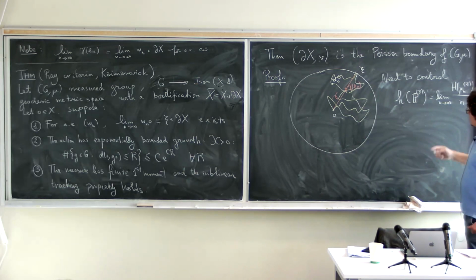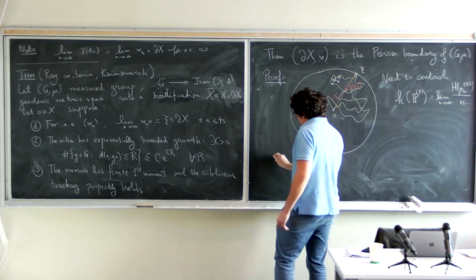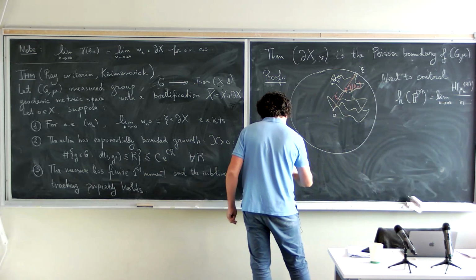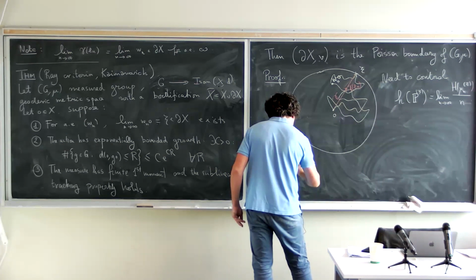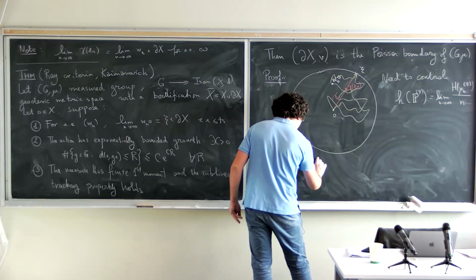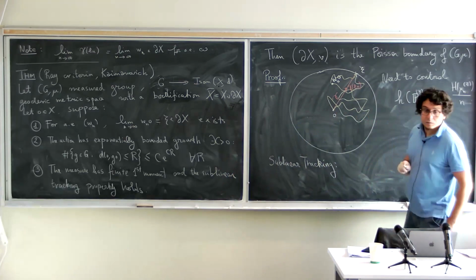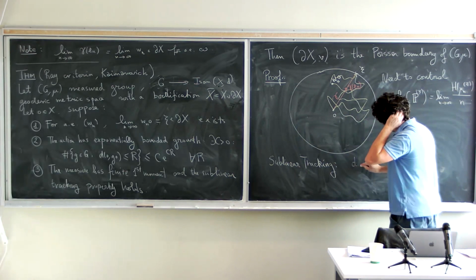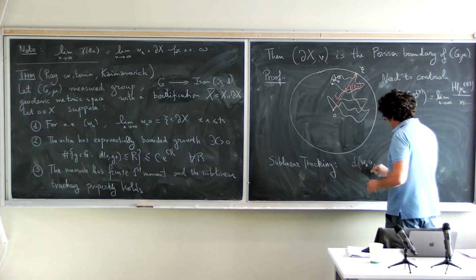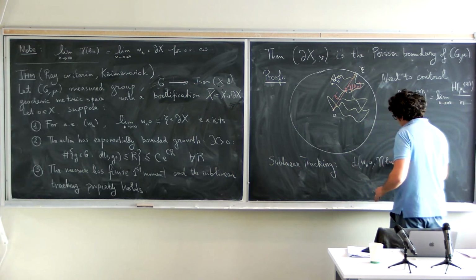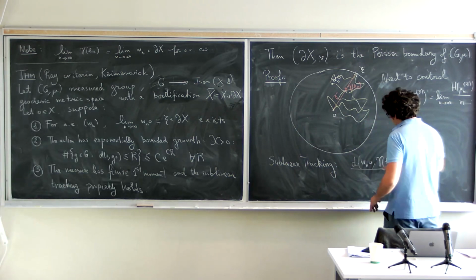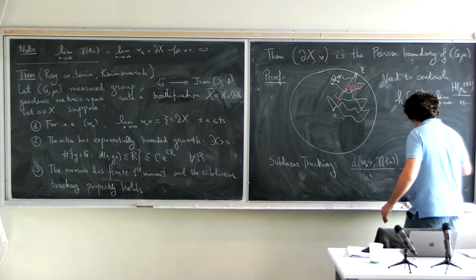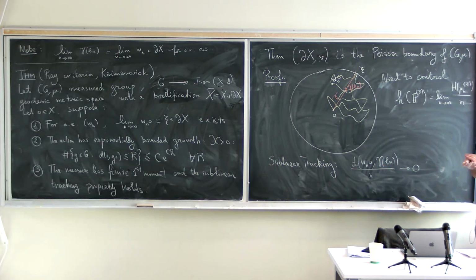And so what does the sublinear tracking property say? It tells that the distance between Wn o and gamma Ln divided by n goes to 0.